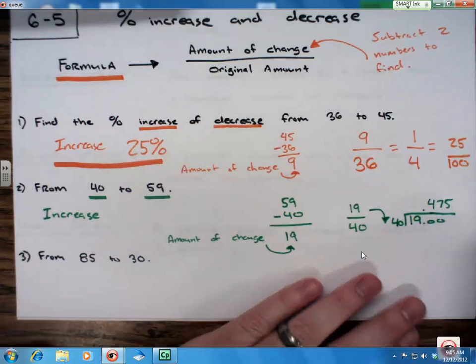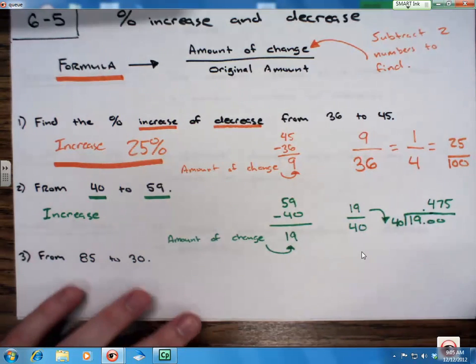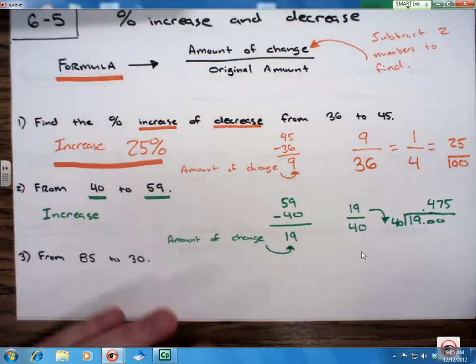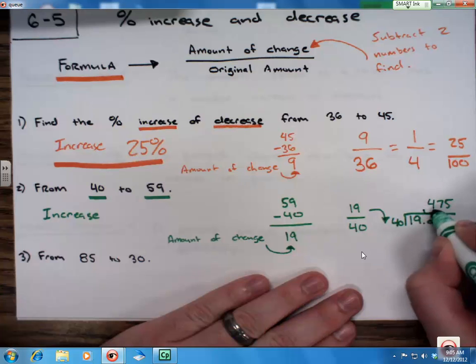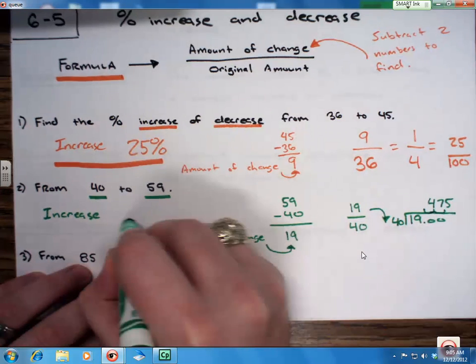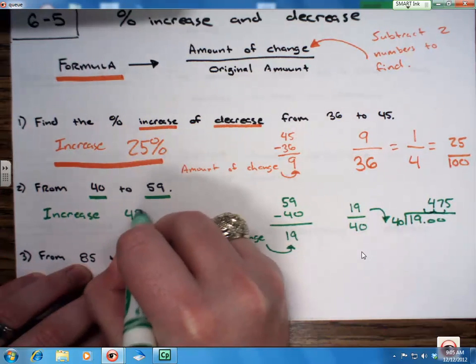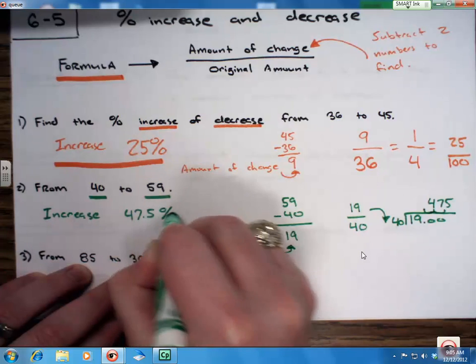Now, how do I change that decimal right there to a percent? Yeah, I got to move it over 2 places, remember? So I move it over 2 places, so that would give me an increase of 47.5%.